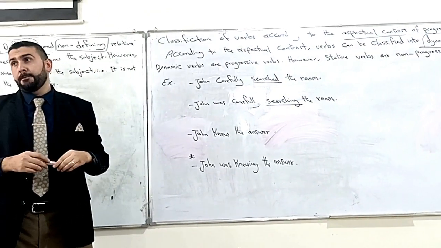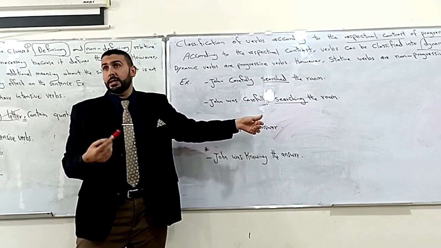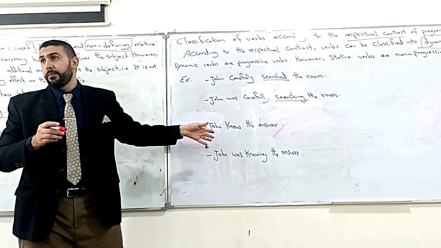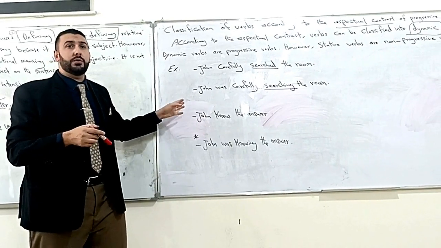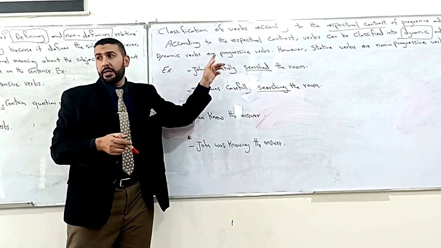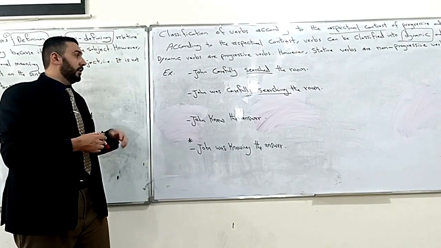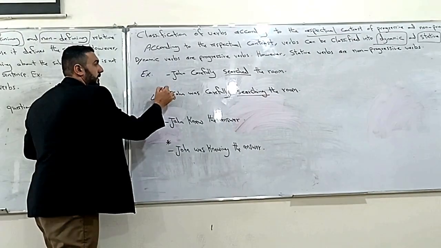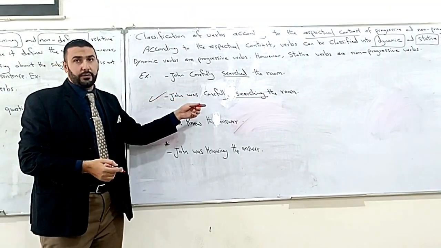This means that this verb is a dynamic verb. Why? Because I can change it into the past continuous, and also I can change it into a present continuous. I can say, John is carefully searching the room. This is correct because it is a dynamic verb.